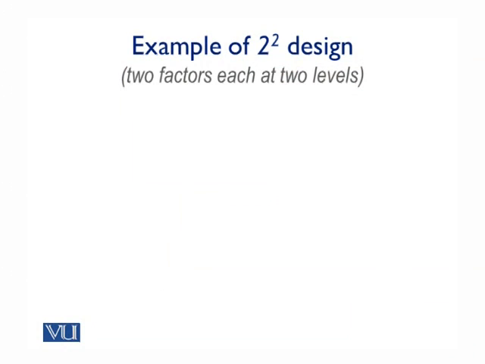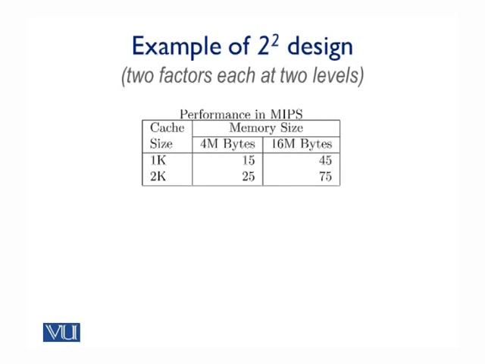Let us consider an example of this to build intuition of how this design works. You can see on the slide now an example in which you have two factors. The response variable that we are interested in is performance in millions of instructions per second, MIPS, and the factors that are going to influence the response are the cache size and the memory size.